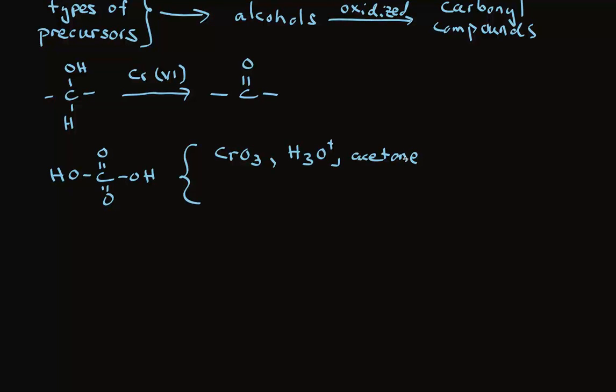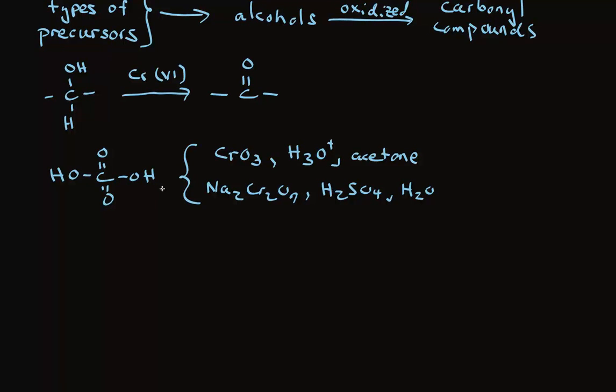The other one is sodium dichromate together with sulfuric acid and water. So when you see either of these sets of conditions, you know that we're talking about oxidation with chromic acid.